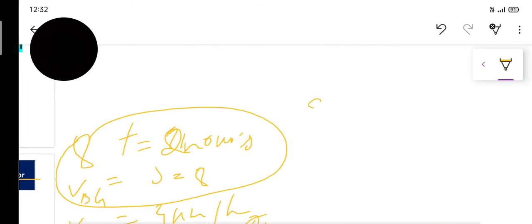Velocity of boat: s equals ut plus half at square.